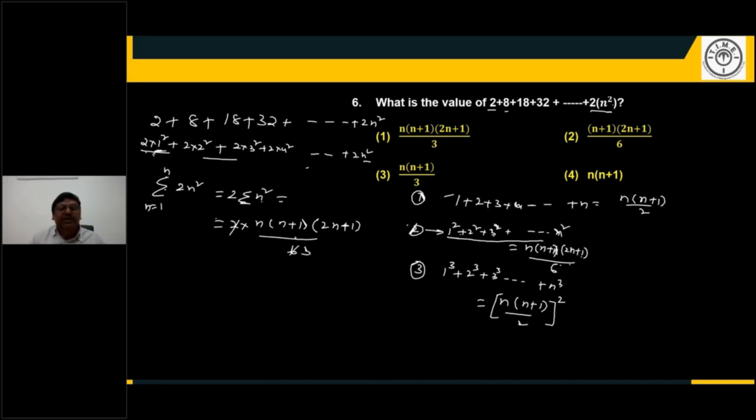This is your answer: n into n plus 1 into 2n plus 1 by 3. Your answer is option 1, as you rightly said, Charwani, Sai Kashyap. Good. Right?